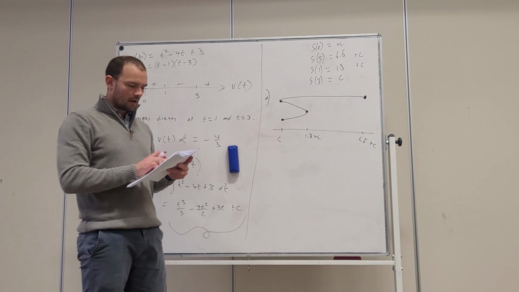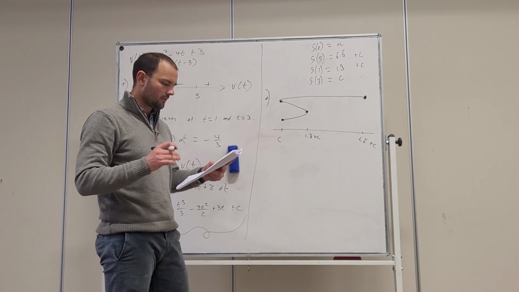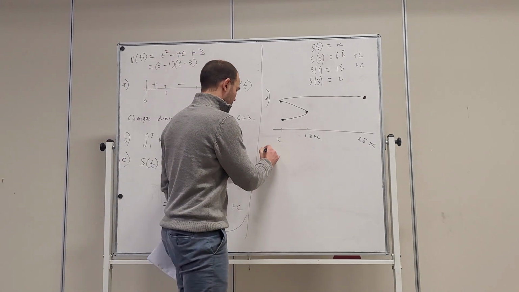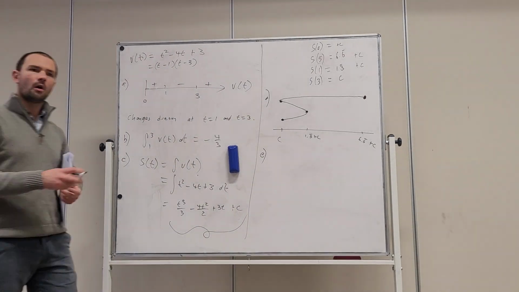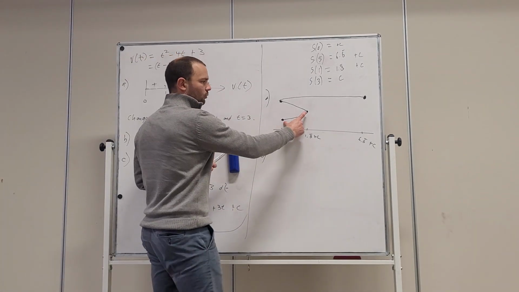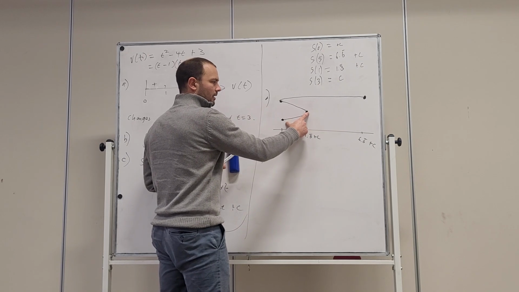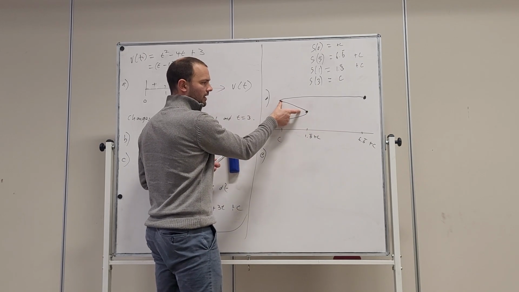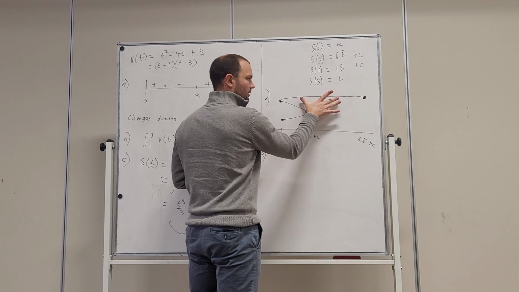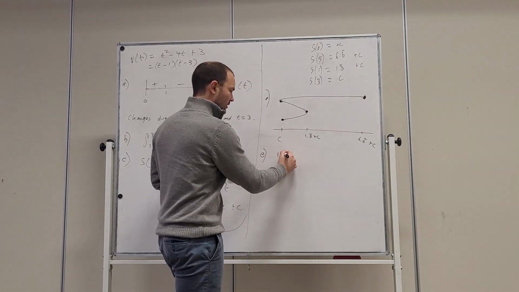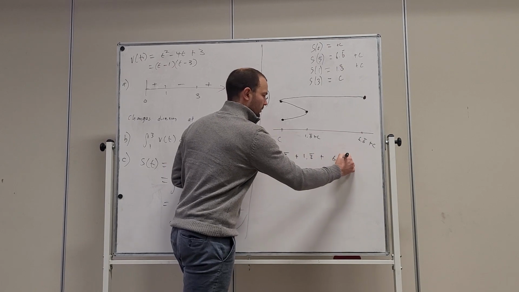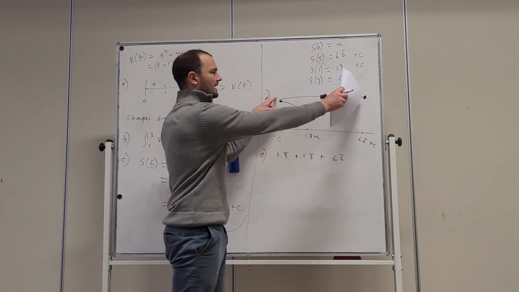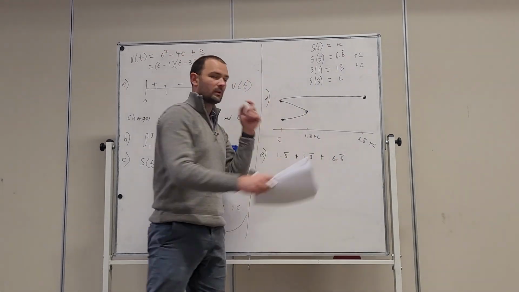So for instance, in part E, where we've got determine the total distance over the first 5 seconds, how far has it travelled over the first 5 seconds? Well, what we can see is it's travelled 1.3 units there, plus 1.3 units there, plus 6.6 units there. So its total distance is 1.3 recurring plus 1.3 recurring plus 6.6 recurring. Okay, I'm just adding up the distances between the points, right?